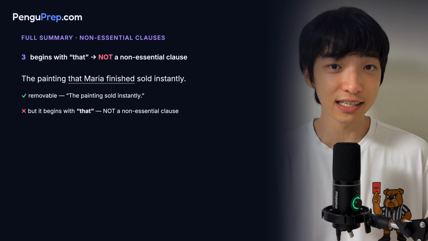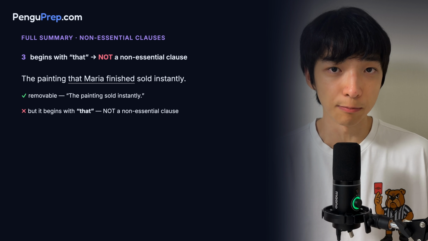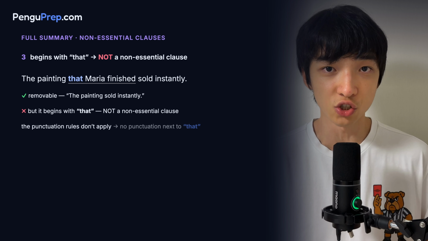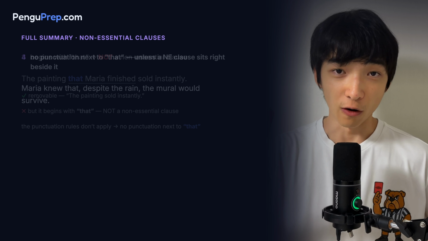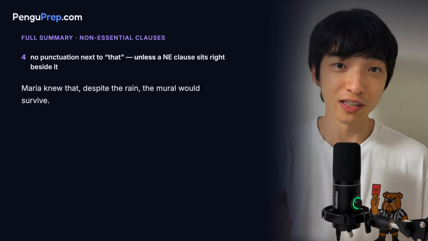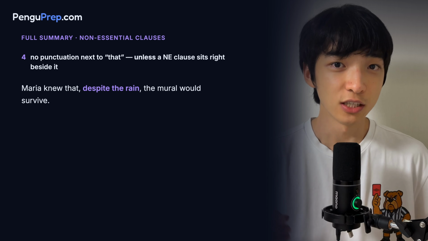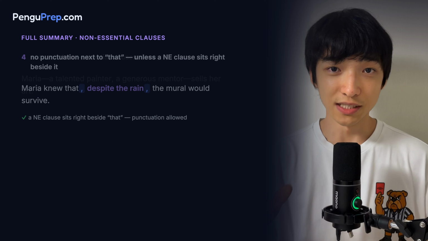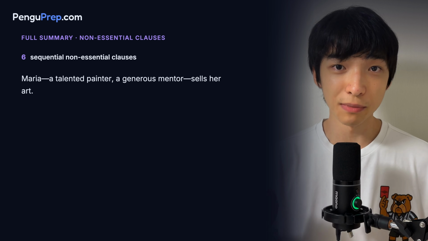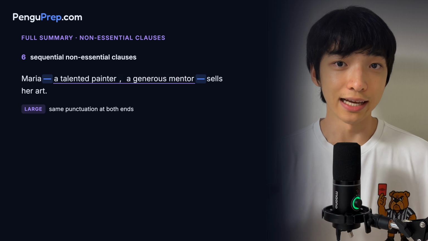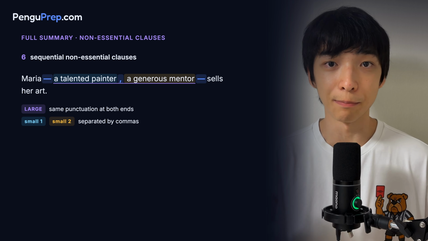And because you can't consider it a non-essential clause, you can't apply the punctuation rules for it. This means that there will generally be no punctuation next to the word that. Number 4, although there normally won't be a punctuation next to the word that, when a non-essential clause is placed directly next to it, you can allow a punctuation to be placed. Number 6, when you see a sequential non-essential clause, make sure that the large non-essential clause is separated by the same punctuation and that the small non-essential clauses are separated by commas.